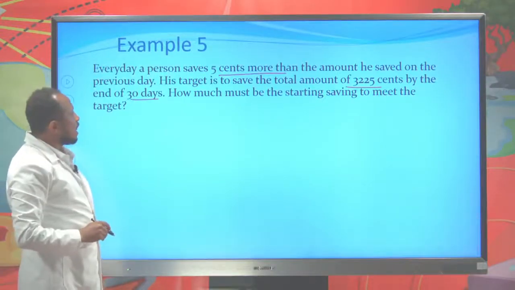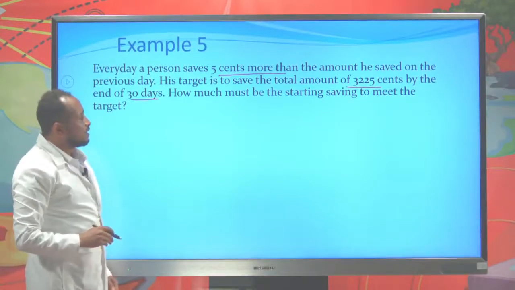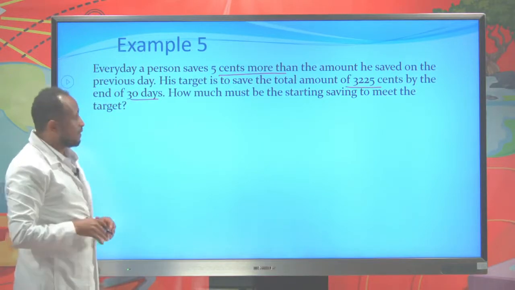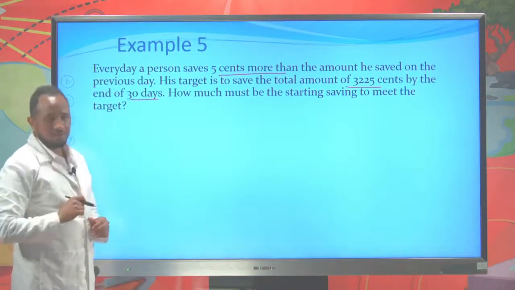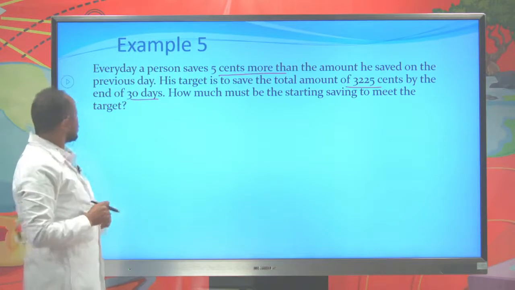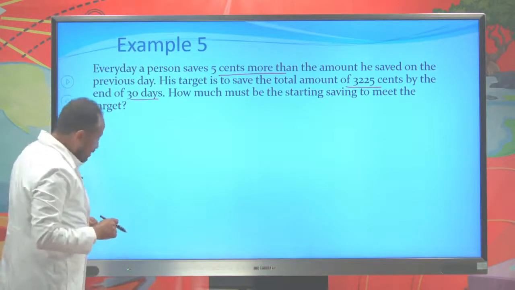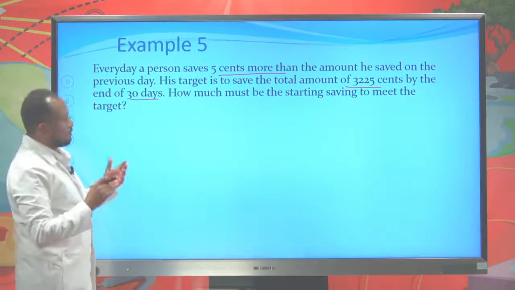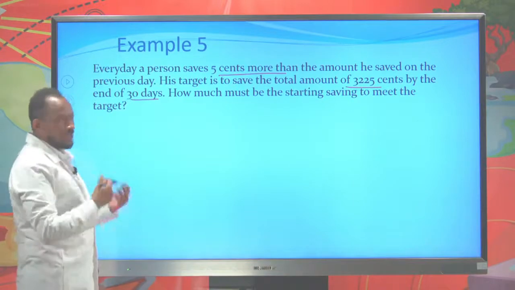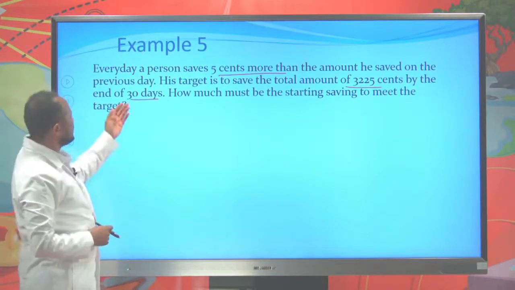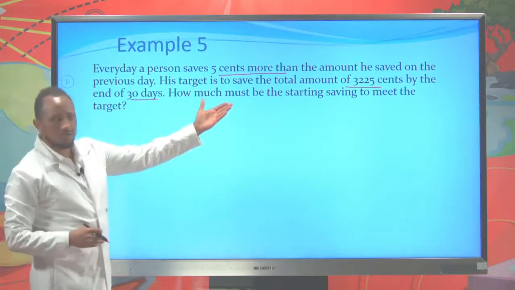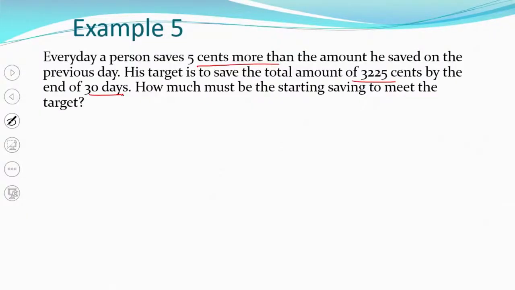So the question is, how much must be the starting saving to meet the target? To solve this, we need to find the first term, the common difference, and here the sum of the nth term is given, 3,225.